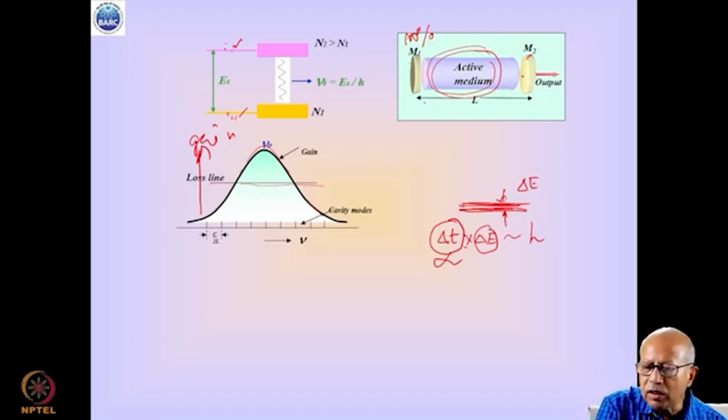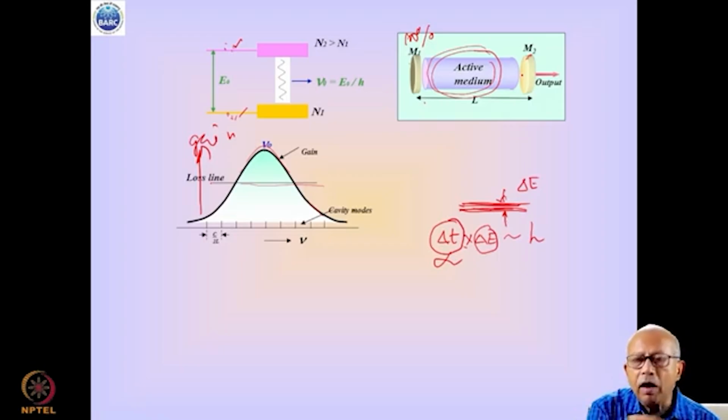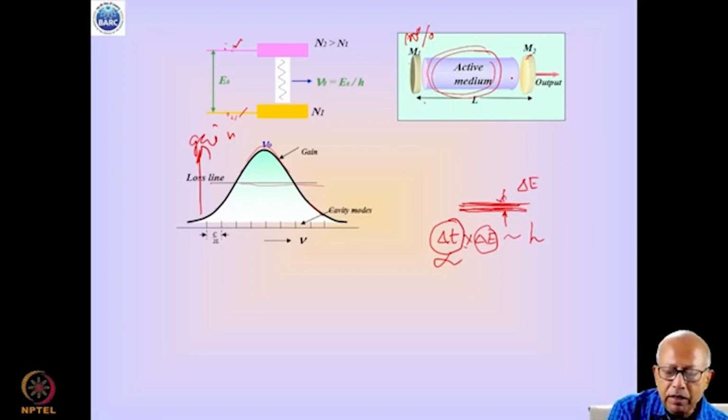Now as it comes here, it experiences the loss because of this mirror. Part of it is leaked out. We have seen earlier that if the round trip loss exceeds the gain, the oscillation cannot sustain. The same logic also applies here. The modes for which the gain exceeds loss only will be able to oscillate, will survive. The rest of the modes will not be able to oscillate.